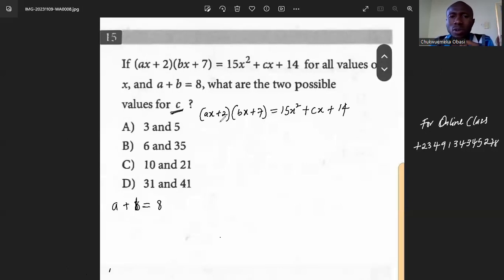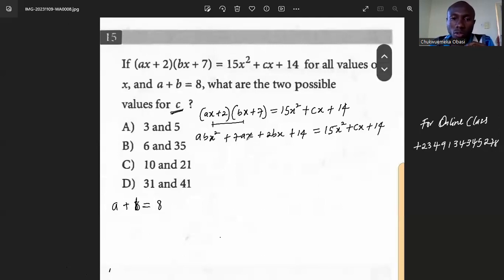All right, let us see what equating coefficients means. The first thing you want to do is expand this left-hand side. So ax times bx gives me abx squared, and ax times 7 gives me 7ax, and 2 times bx will give me 2bx, and of course, 2 times 7 is 14. Now equate it to 15x squared plus cx plus 14.